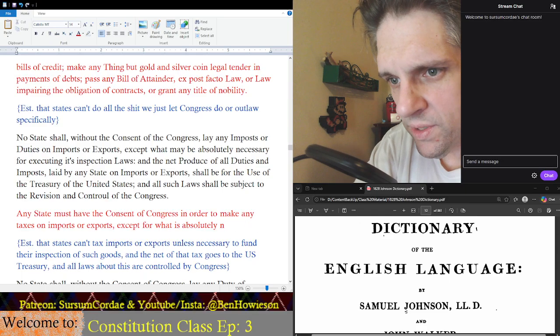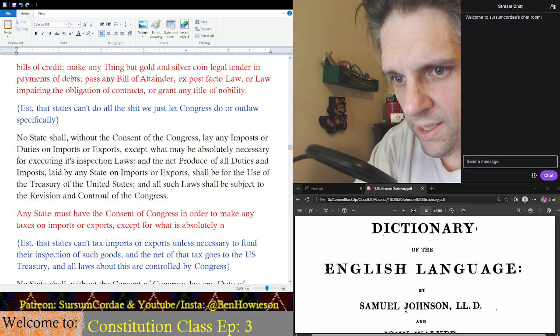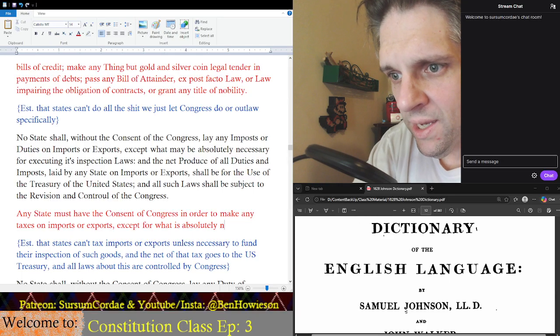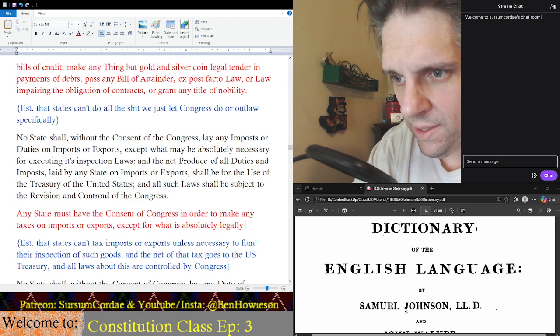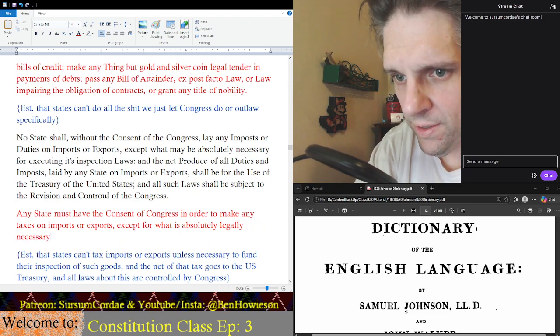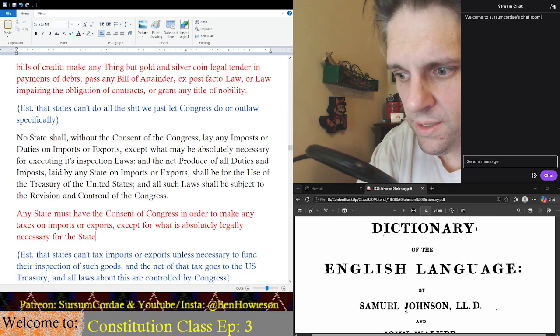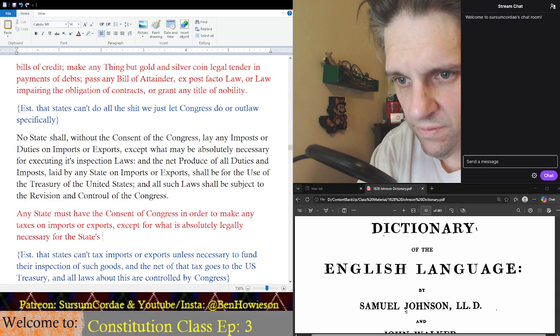Let's see, any state must have the consent of Congress in order to make any taxes on imports or exports, except for what is absolutely legally necessary for the states. I'm hesitant to use a possessive here.